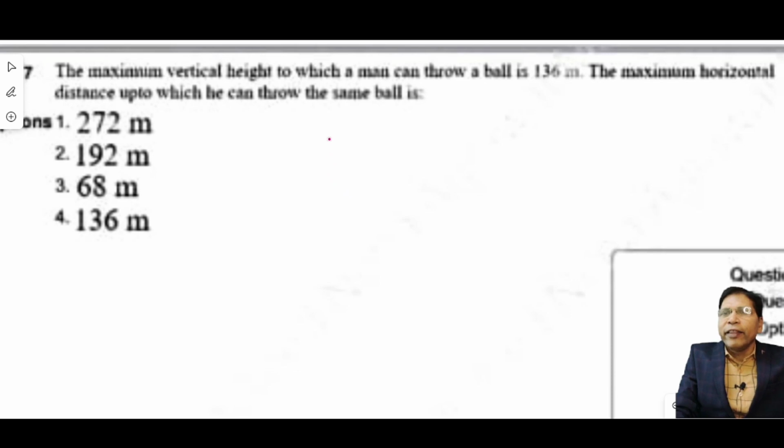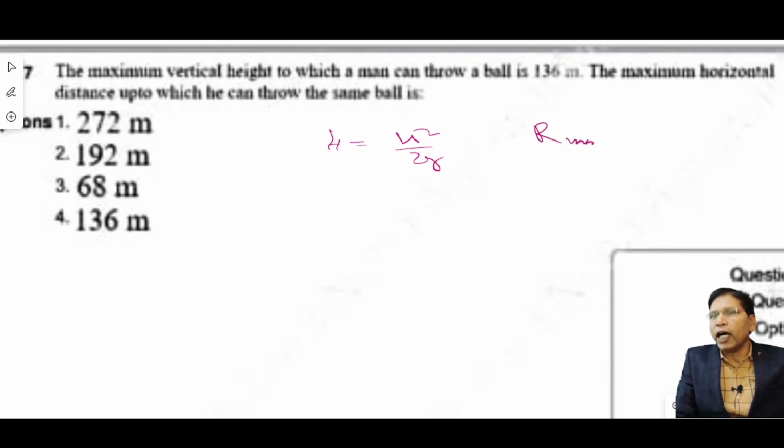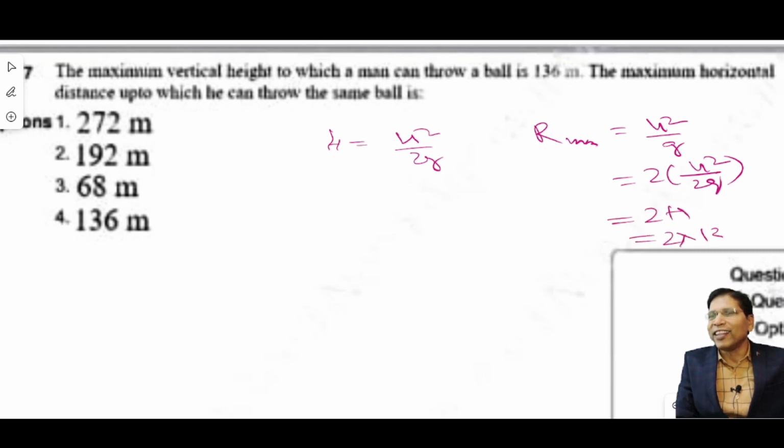Look at this, the maximum height H equals u square by 2g, and the maximum horizontal range R equals u square by g. So this is 2 into u square by 2g, which is 2 into H. So this is 2 into 136 meter, which is 272. Look at this, option 1 is correct.